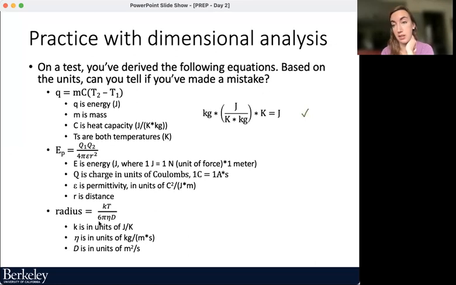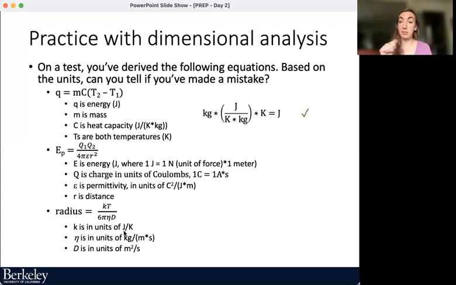It's just the number 6. Pi is unitless, and you're going to take your units of viscosity, which again, I'm telling you now that this means viscosity, but you don't need to know that physically to be able to solve these problems. You just need to know the units. So you're going to plug in these units of kilograms divided by meters times seconds. And then your D is in units of meters squared per second.